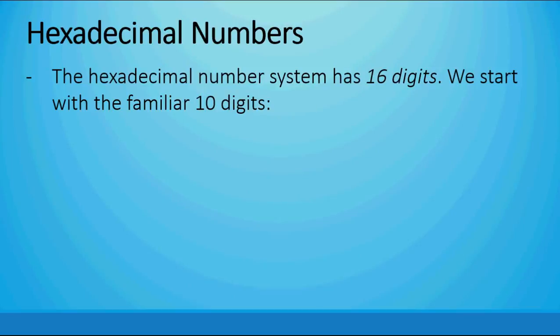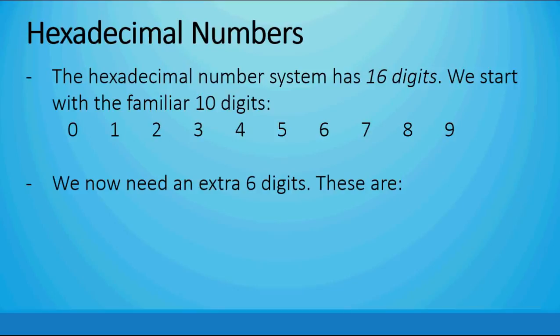Of course, being base 16, hexadecimal has 16 digits. So what are those 16 digits? We start with our first 10 digits, which you're all familiar with: 0, 1, 2, 3, up to 9. Then we have to add 6 more digits. Now what are those 6 digits?